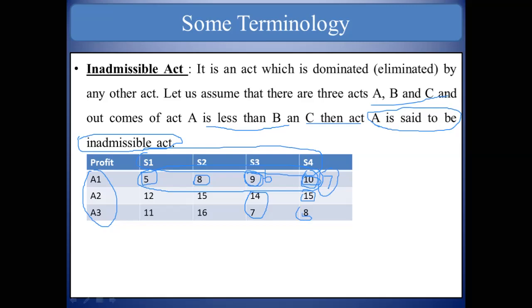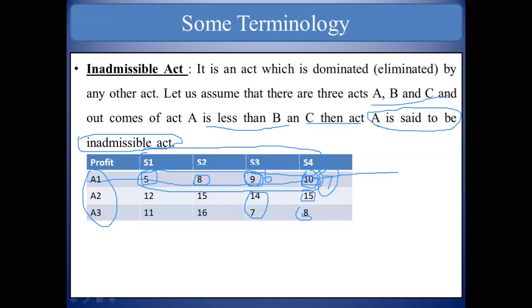So here we can say that A1 is an inadmissible act. In simple words, if you delete this option from your table, then you will have only two acts, and after deleting this act, it is very easy to decide the best act out of two rather than out of three.